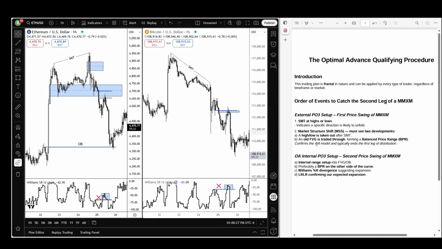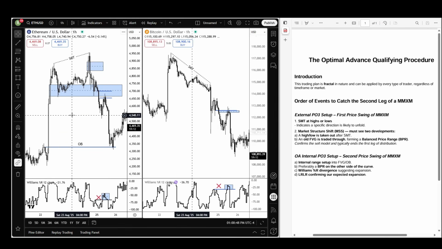We don't want to forget about the buy side of the curve. In most instances, on the sell side of the curve, like we're looking at here, the highs and lows are going to be forming at balanced price ranges formed on the buy side of the curve, like we can see here. So this is very, very important.